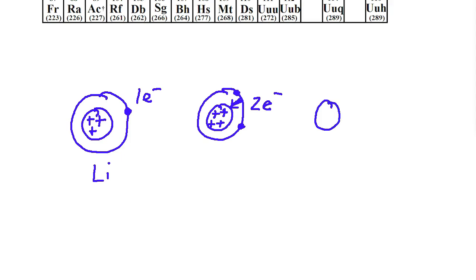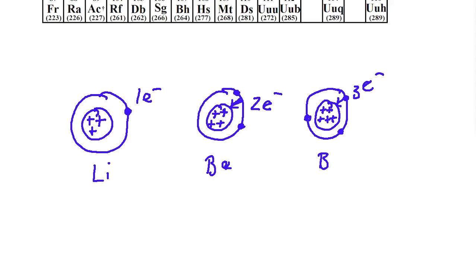So let's say that I go to boron, which would have 5 protons, and boron's valence shell would have 3 electrons. That would mean that boron's going to have an even greater effective nuclear charge, or pull, because we're racking up those protons as we continue to move along.